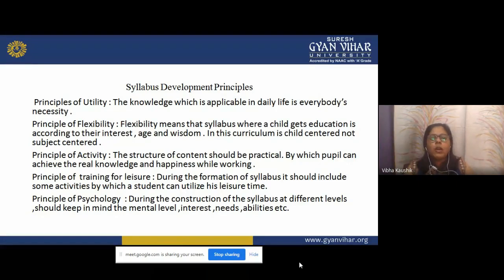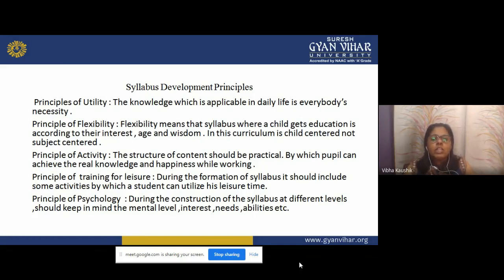For example, you are teaching them addition, subtraction, and this type of knowledge is helpful to the learner to apply in their daily life. Then we will say that the principle of utility has been achieved. So the first thing is that the syllabus should have some utility for the learners.